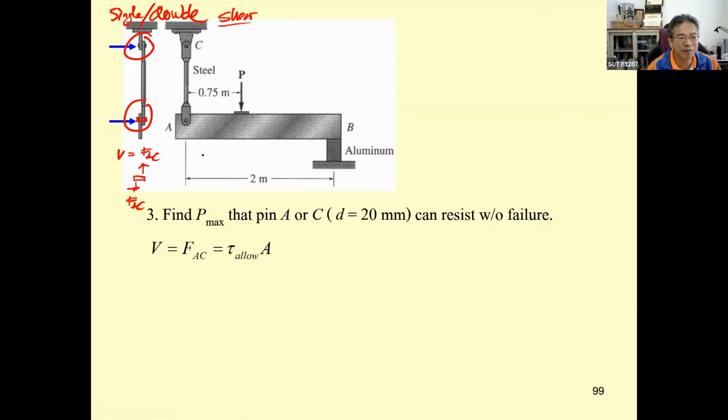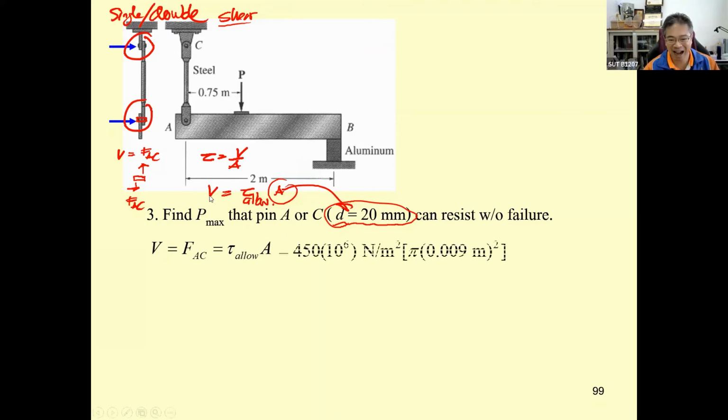Now, we have tau equal to shear divided by A, and the force will be tau times A. The A can be computed based on the diameter here. The top and bottom are equal. And then the tau is going to be the tau allowable, which is 450 Newton per square millimeter, and then times pi. Hey, something is wrong.